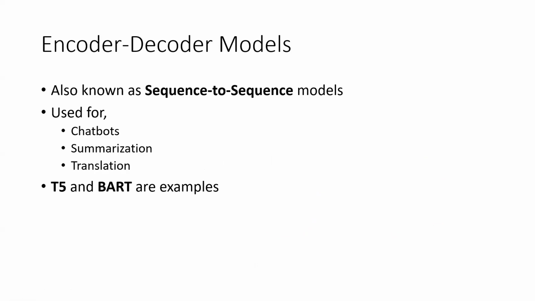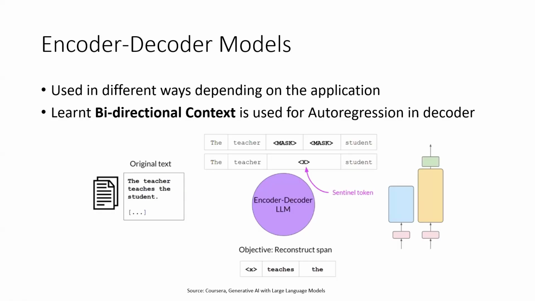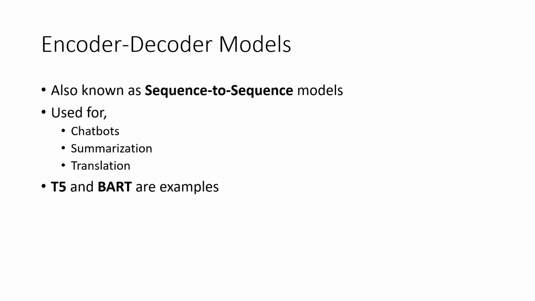Unlike the encoder-only or decoder-only models, encoder-decoder models don't have a specific requirement, but can be used in different ways depending on the application. They learn the bidirectional context and also generate tokens in an autoregressive way.